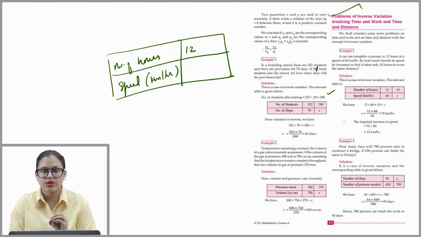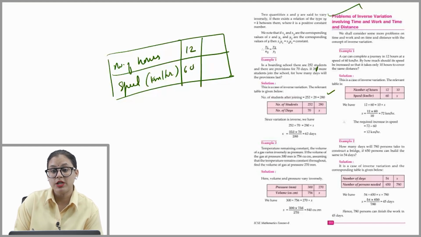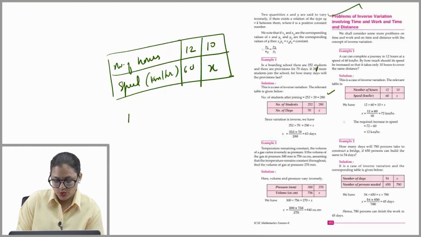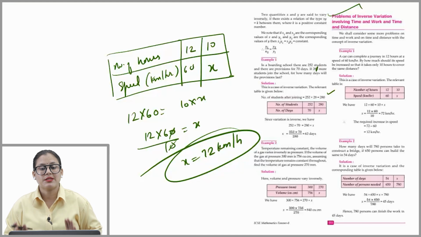A car completes a journey in 12 hours at the speed of 60 km per hour. By how much should its speed be increased? We don't know the speed if it takes 10 hours. So, how will you do it? 12 into 60 is equal to 10 into x. So, 12 into 60 upon 10 is equal to x. 72 km per hour should be the speed.